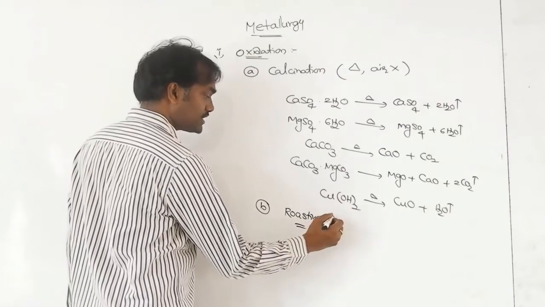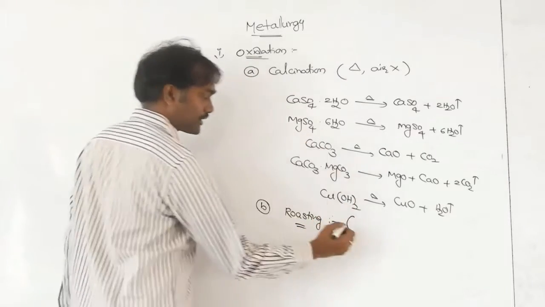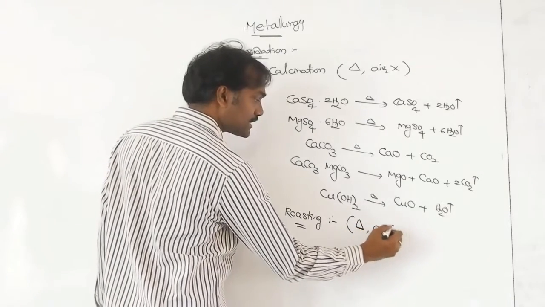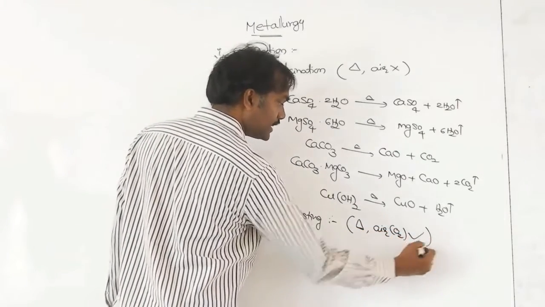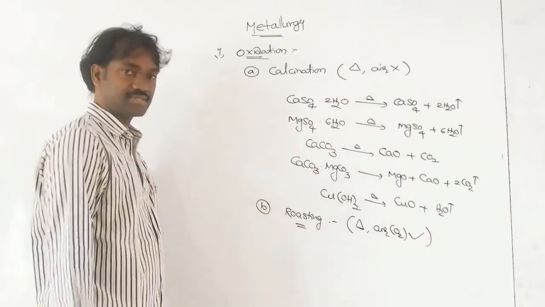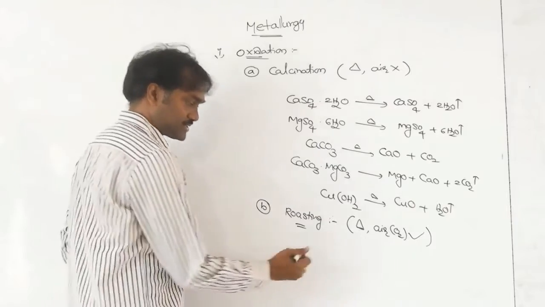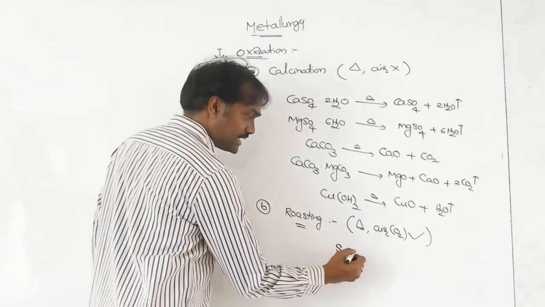So roasting means what? The ore is heated in the presence of air. In the presence of air means nothing but oxygen. So what happens here? Suppose the ore impurity sulfur, S8, is there.